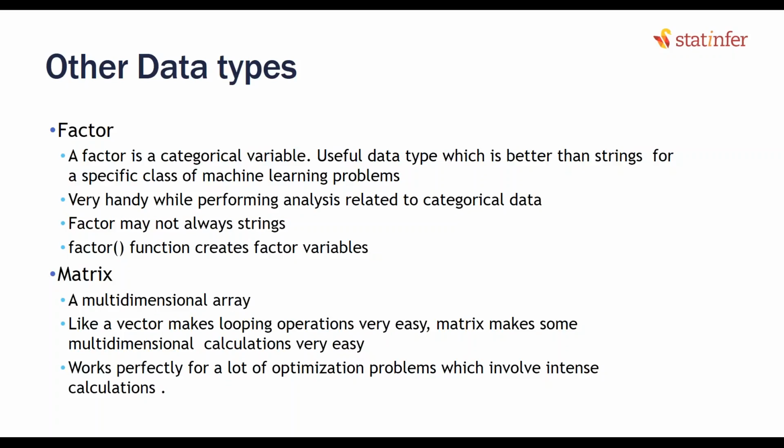It has different classes. So why don't we just call them strings? Why do we have a different class called factors? For additional analysis, defining something as a categorical or factor type variable makes it very easy later on. It's very efficient to use factor variables rather than just the string data type.